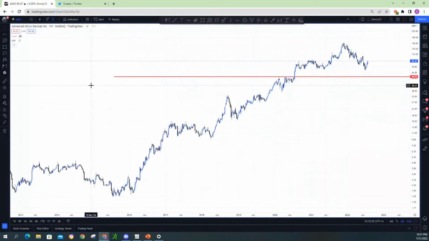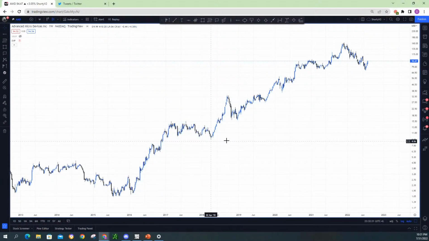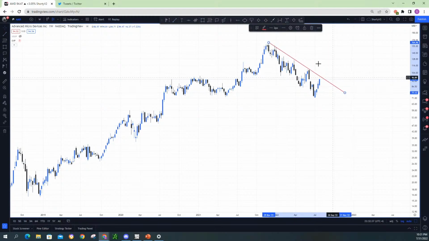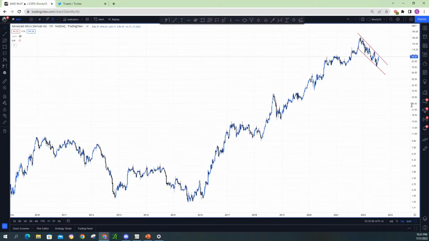All right, AMD, I think they have ER. Let's look at AMD real quick. AMD did something really good last week. So it looks like a little falling wedge, right?